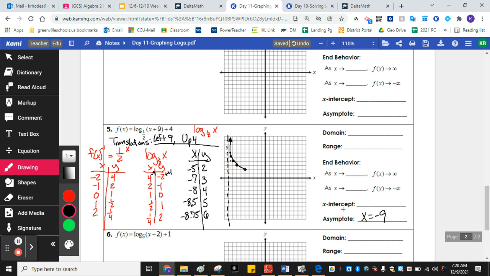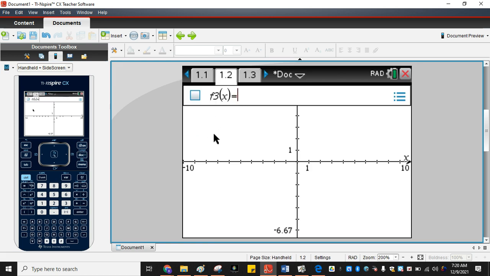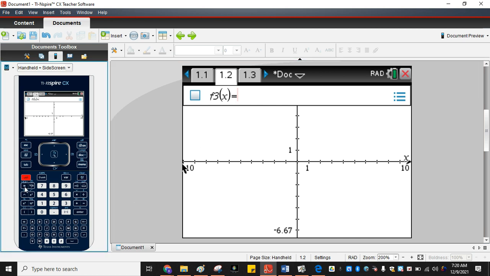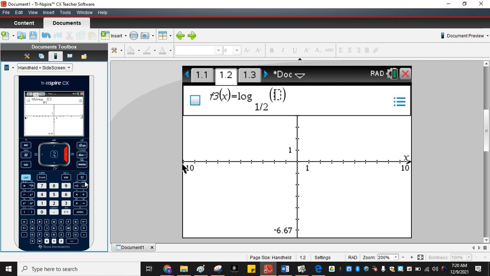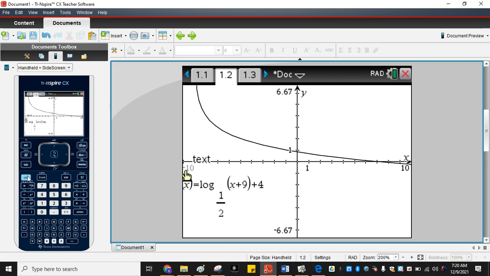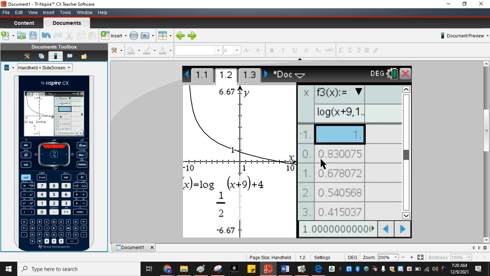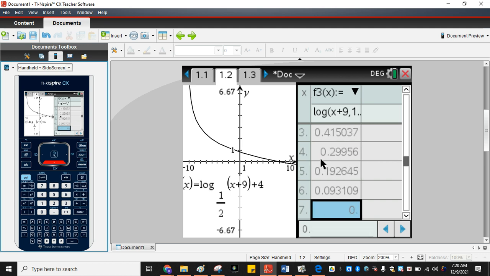I need my x-intercept. So I need to know, when does this equation equal 0? Maybe an easy way would be to graph it. Log base 1/2 of x plus 9, outside plus 4. I'm going to find where it equals 0.